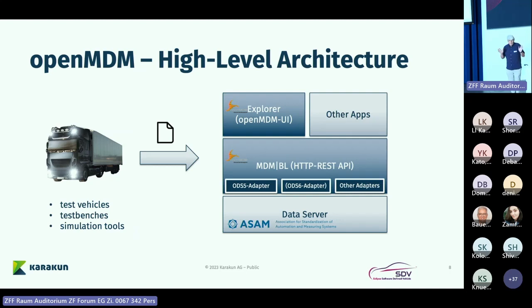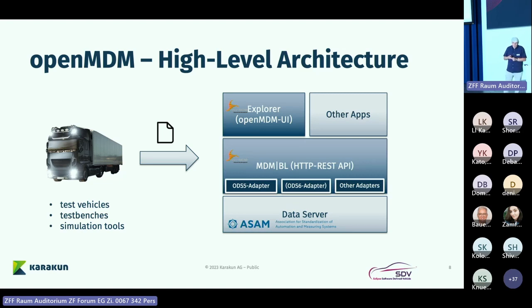But first, to set the scope for OpenMDM, I would give you a kind of overview of what you will find in the Eclipse repository and on GitHub. The main part is the MDMBL. It is a backend software layer with an HTTP REST API, which connects with various adapters to an underlying database server, which is currently very dependent on the ISAM ODS standard.